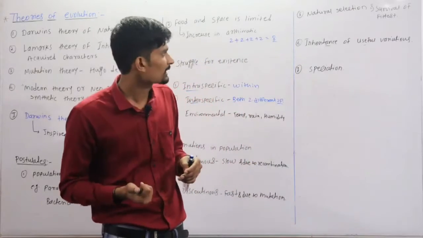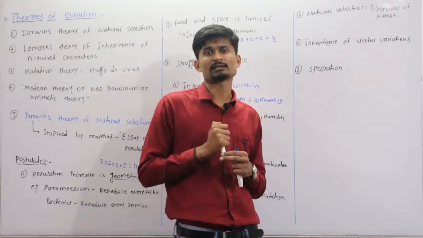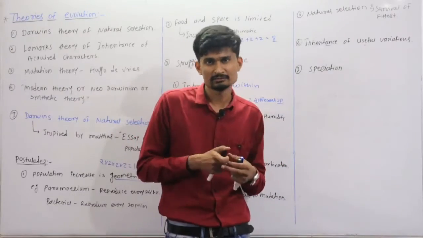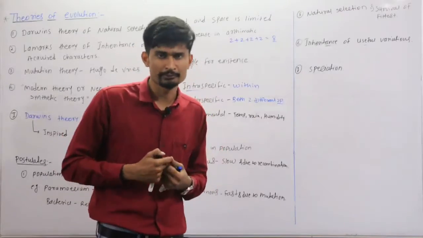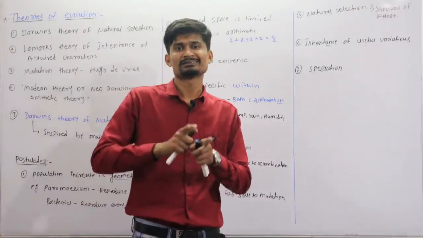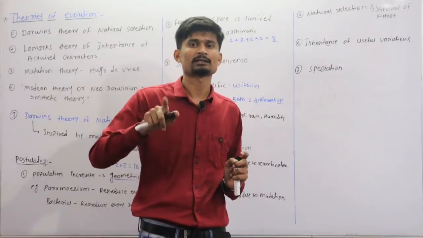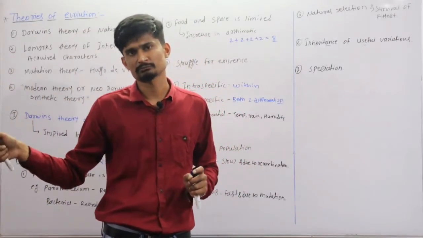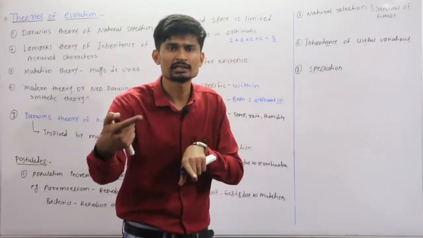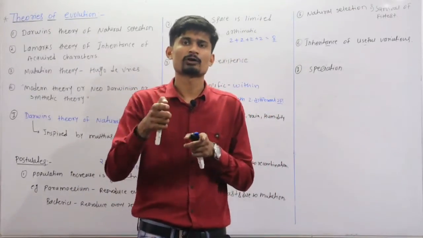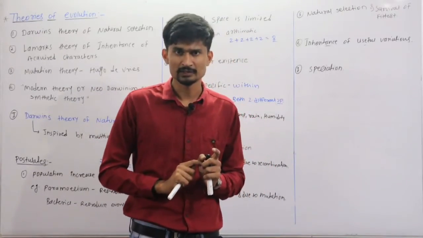So the inheritance of useful variations means the characters which appear at a later stage and are useful to that organism for survival can be inherited. There is inheritance of those characters into the next generation because they are useful for that generation also, and due to the inheritance of these characters a different species is formed from the pre-existing species.